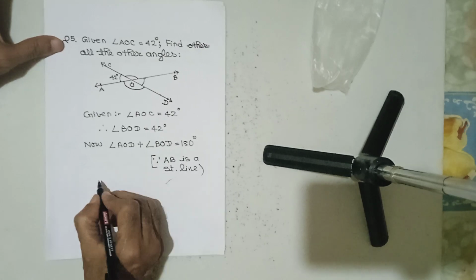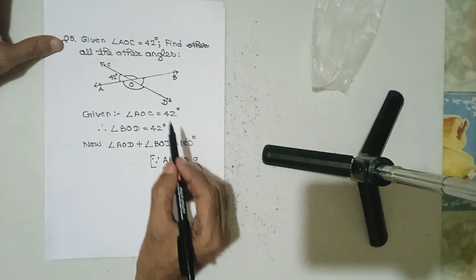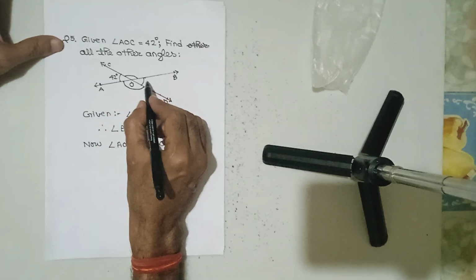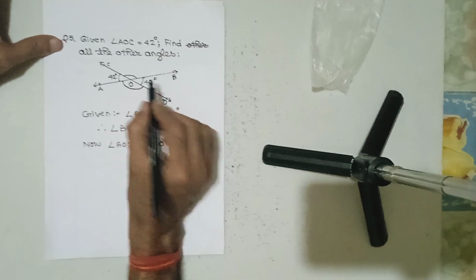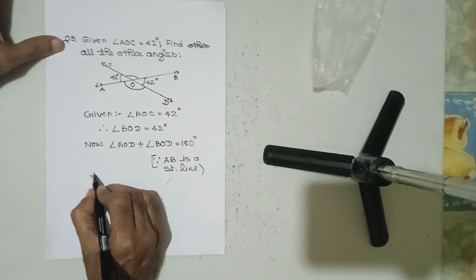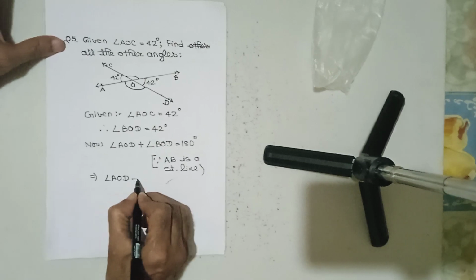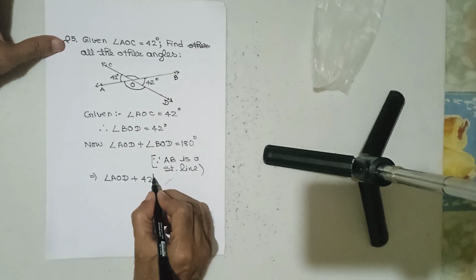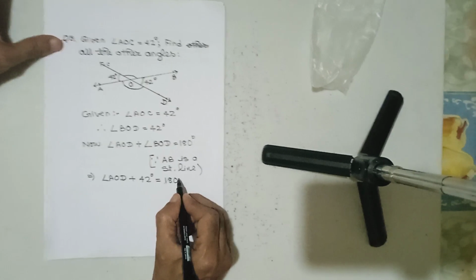Anyway, BOD is 42 degree. Just now we have seen that vertical opposite angles are equal. Therefore, in this equation we will write angle AOD plus 42 degree is equal to 180 degree.